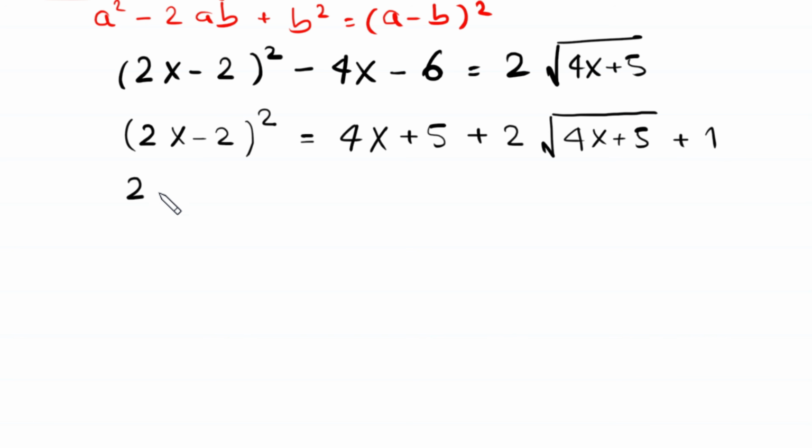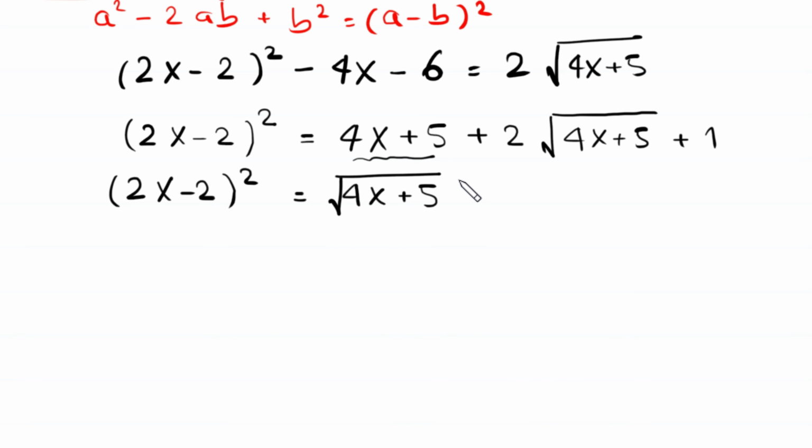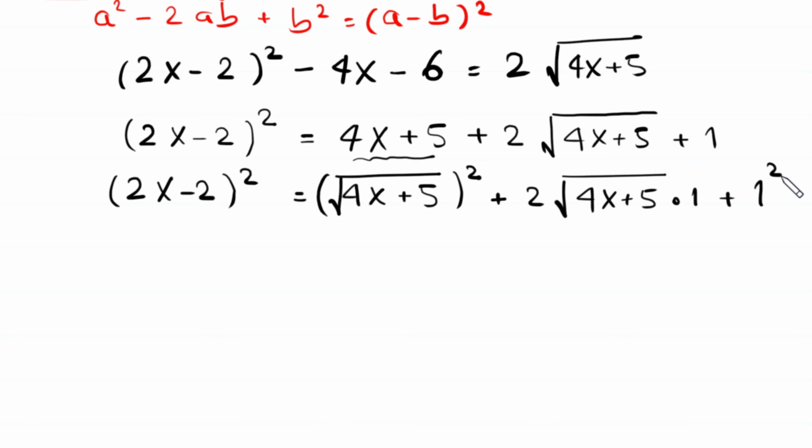Next, 2x minus 2 whole squared equal to, we can rewrite this 4x plus 5 as root 4x plus 5 whole squared plus 2 times root 4x plus 5 times 1 plus 1 squared.